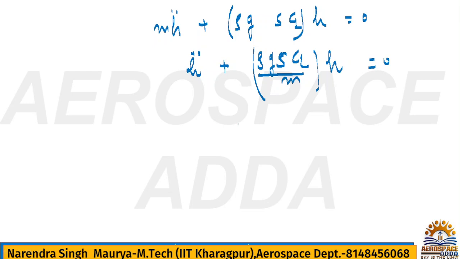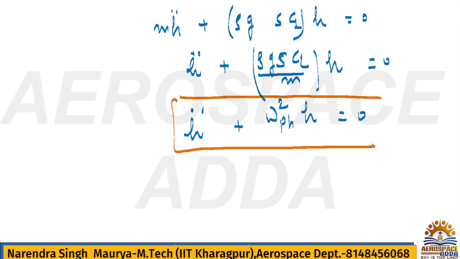Now if you check this, this is nothing but h double dot plus, I can write this whole bracket value in natural frequency terms, omega square p for Phugoid, into h is equal to 0. So ultimately you can get this equation, and omega_ph is nothing but the natural frequency. This is very very important, and they had asked this in GATE.